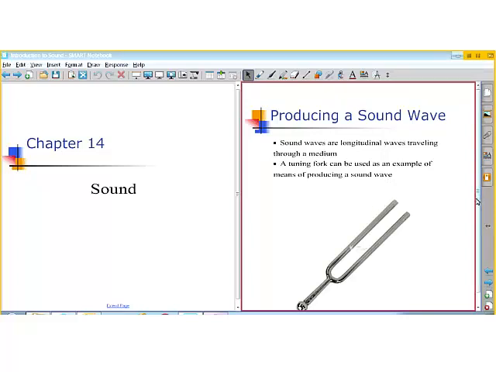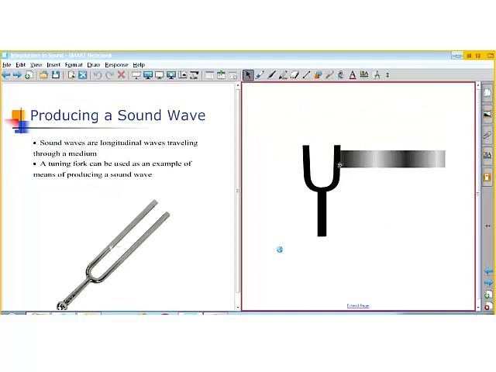If you've ever used those, you hit them against some surface, and the forks of the tuning fork vibrate, and that vibration makes the air close to the tuning fork also vibrate. What it does is it causes the air to compress locally and then to expand locally, and you get these local areas of higher pressure and lower pressure.